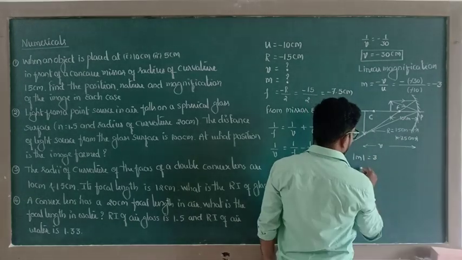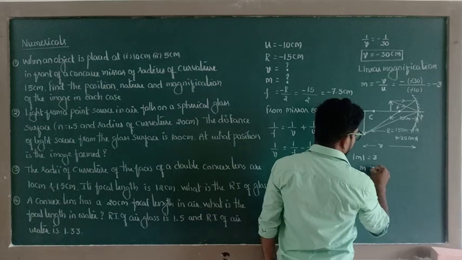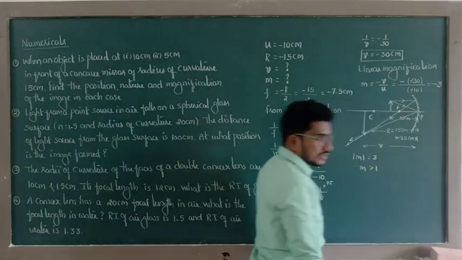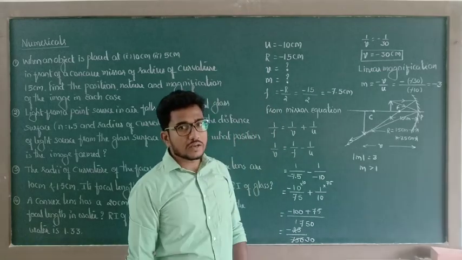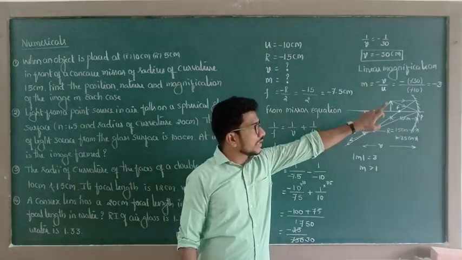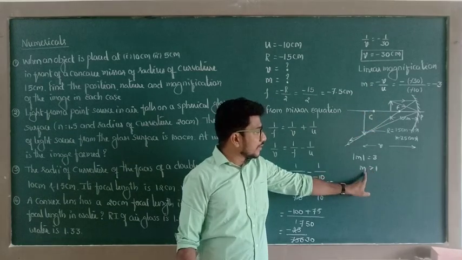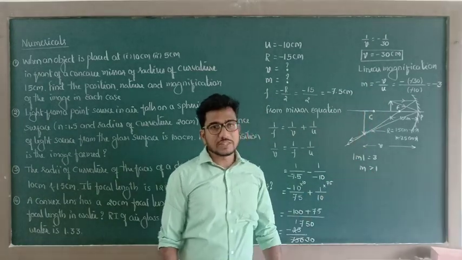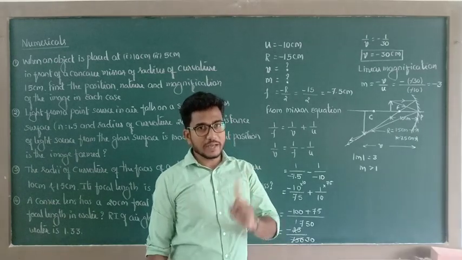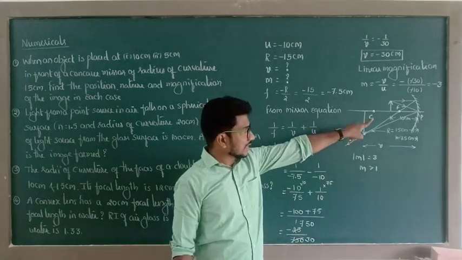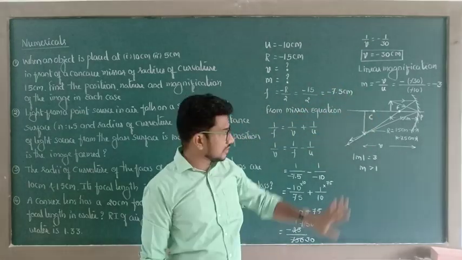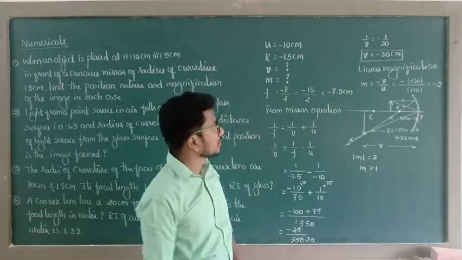Therefore, here magnification is greater than 1. That means we will get real, inverted and magnified image. The real, inverted, magnified image lies at 30 centimeter from the pole. So, this is our conclusion.